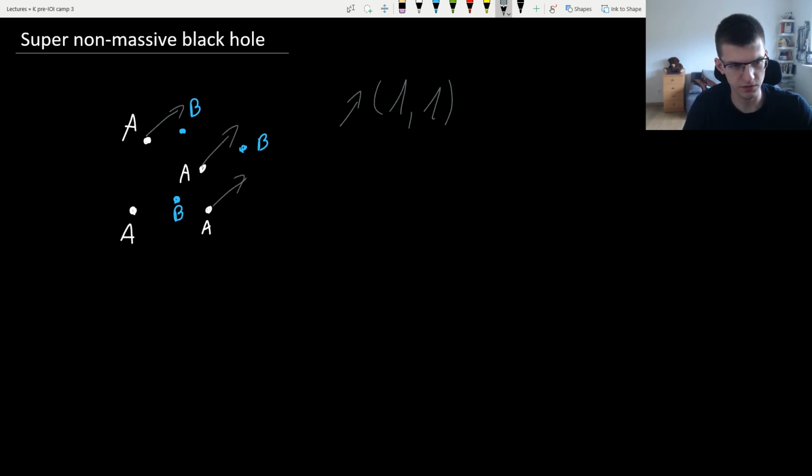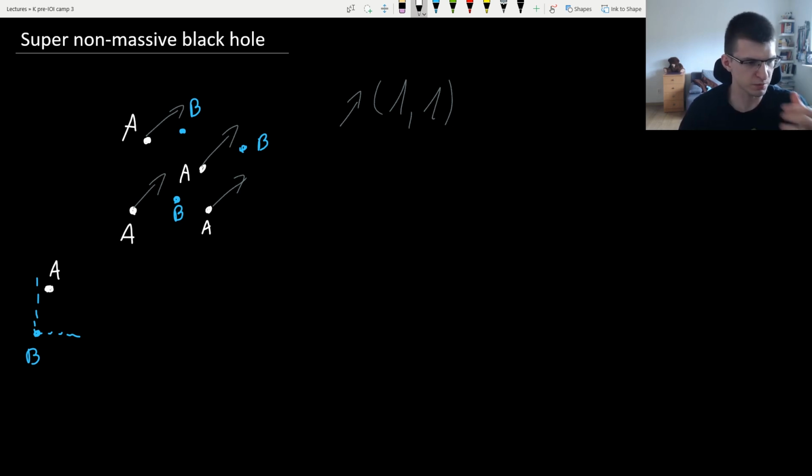After the shift, every point from B should be dominated. Dominated means that there is at least one point from A somewhere in this area, where each coordinate is bigger than the coordinate from B. Here, point B is dominated.